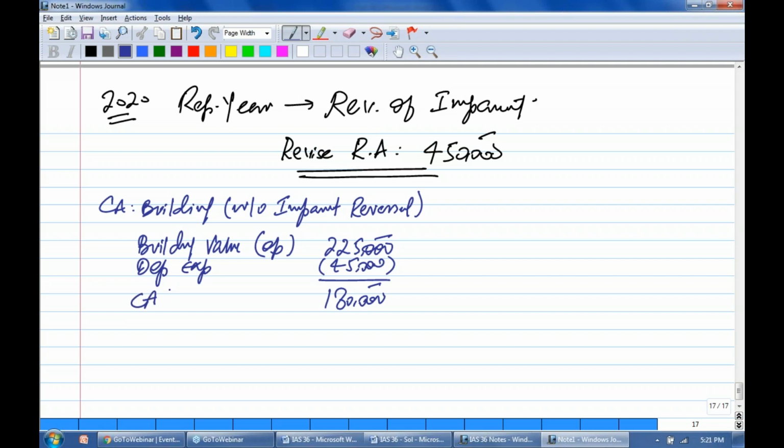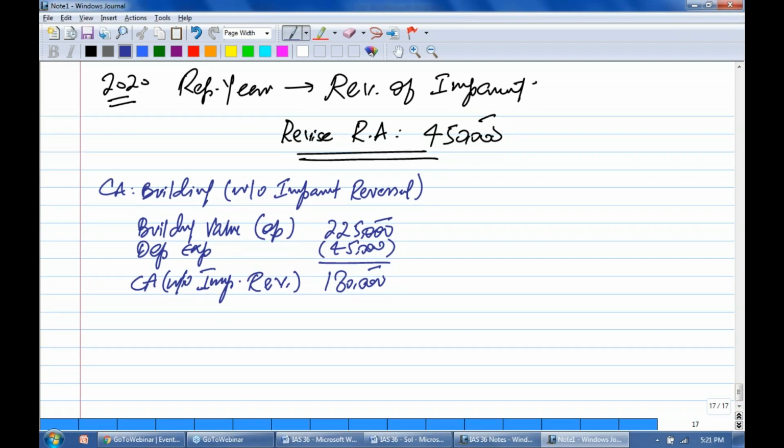Carrying amount without impairment reversal.